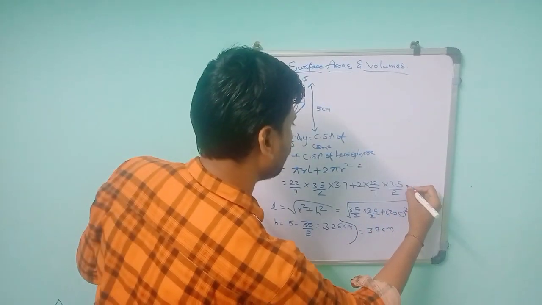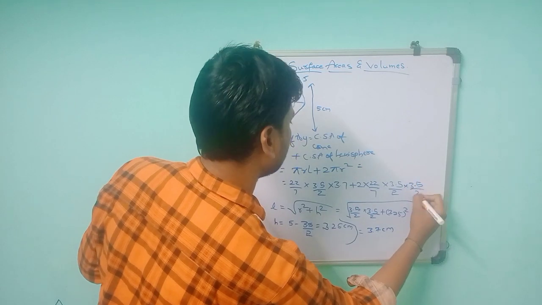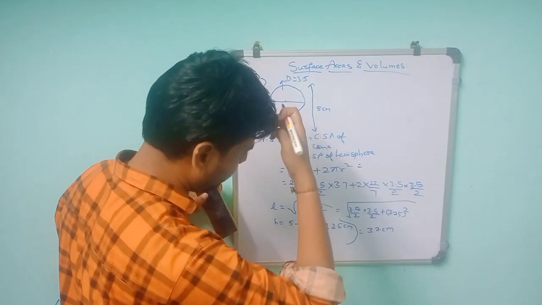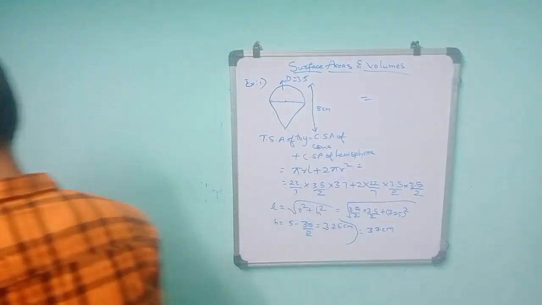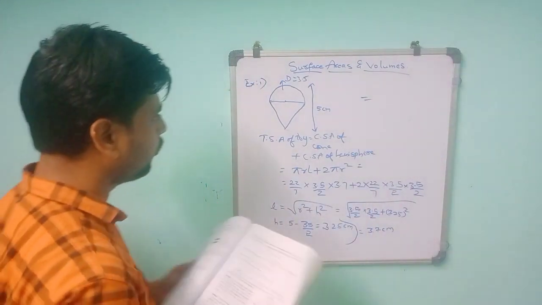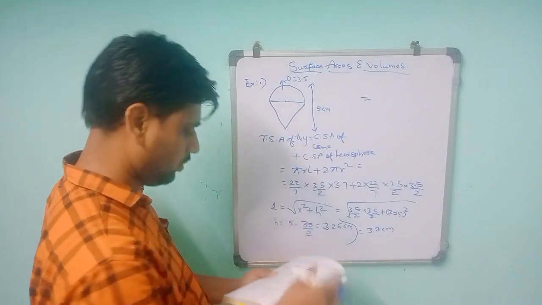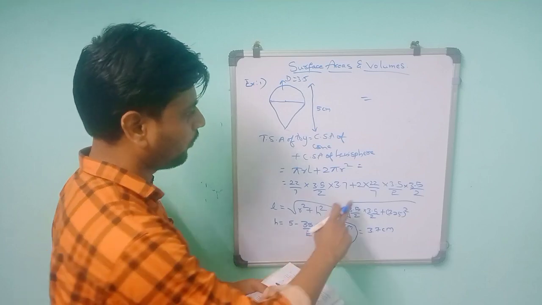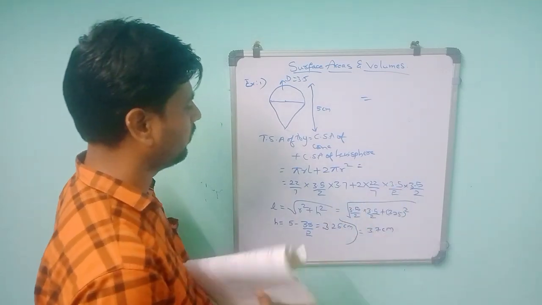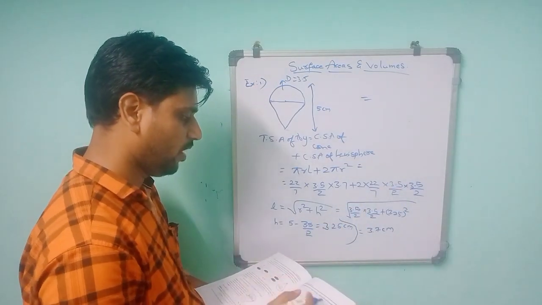So this will be 2 pi r square, with r as 3.5 by 2, and l is 3.7. So you got all of the values. If you substitute in that way, 2 into 22 by 7, 3.5 by 2, 3.5 by 2, that is the hemispherical part.